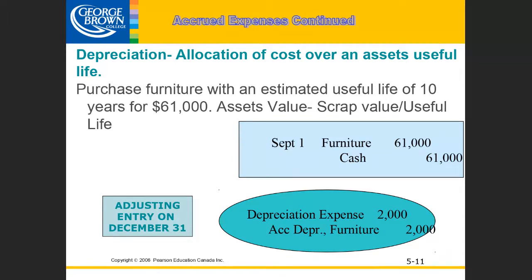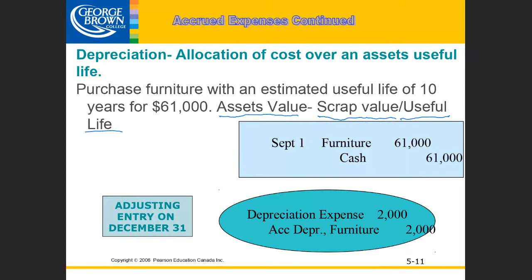How we calculate depreciation is we take the asset value, minus the scrap value, which is how much money you would receive if you were to scrap it, sell it to a junker, or try and sell it at that point. And then you divide that by its useful life.